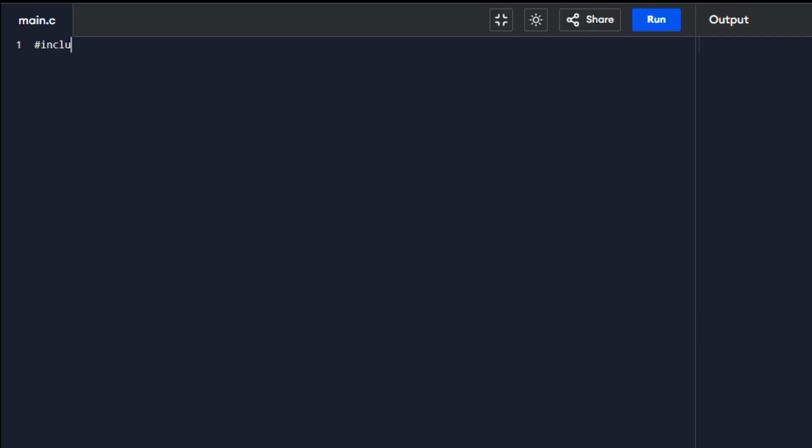Hash include stdio.h, int main. Now we need variables to store cost price, selling price, and the profit or loss amount.